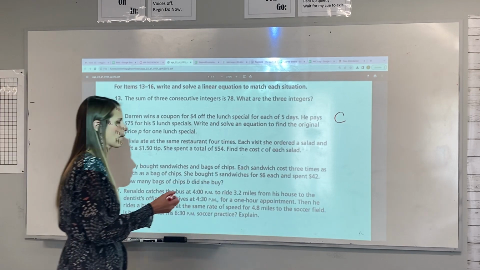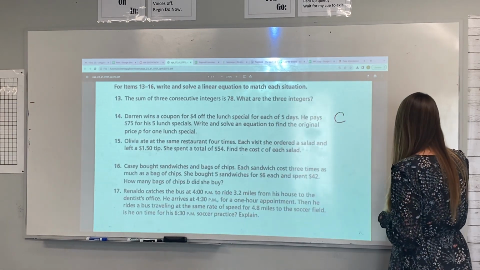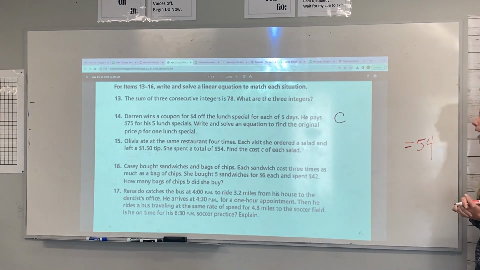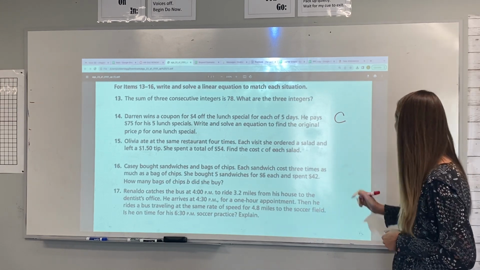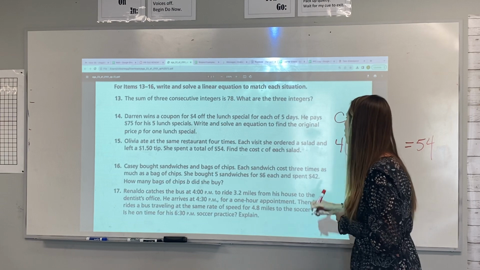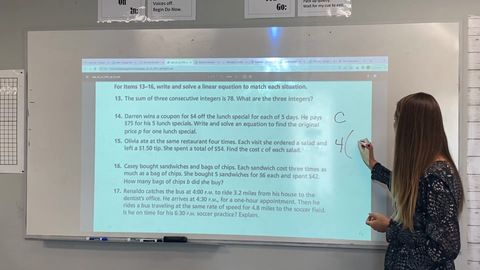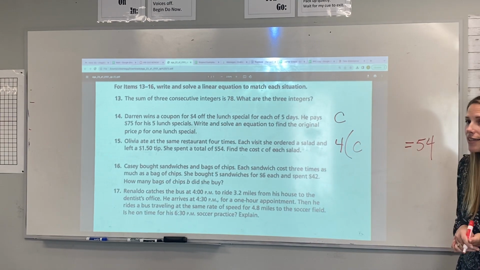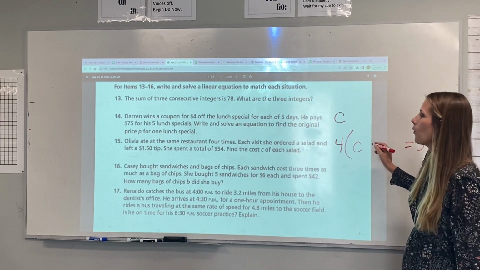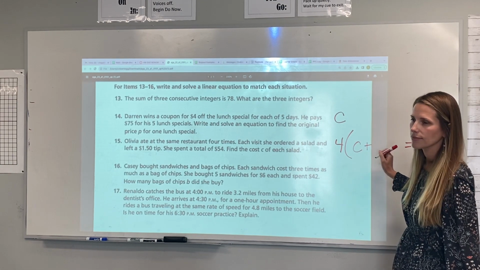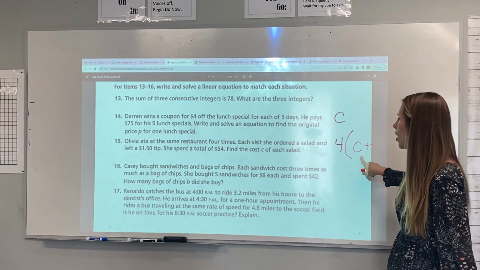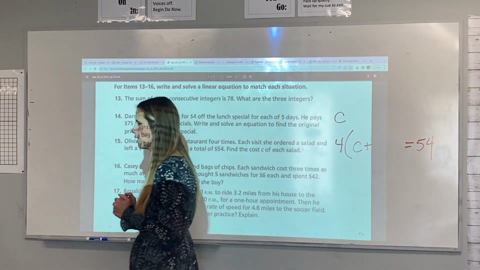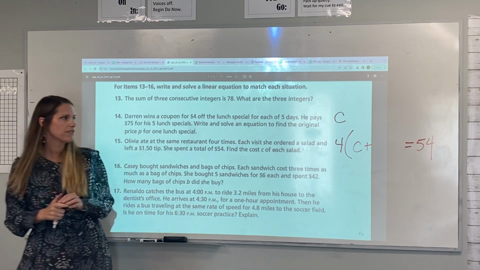So, do you agree that she spent a total of $54? Yeah. Okay. She went there 4 times, so it would be 4 times the cost of the salad plus the cost of the salad each time plus the $1.50 tip.